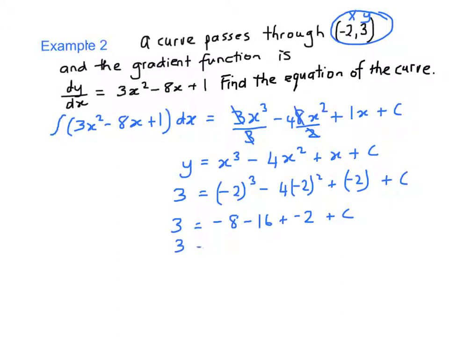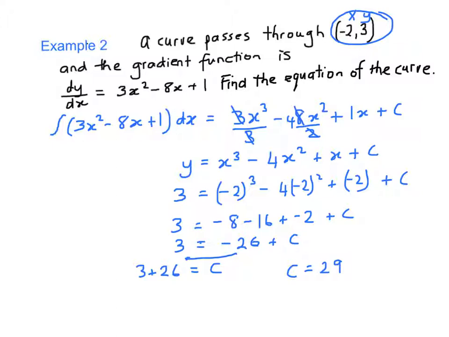So 3 equals -26 plus c. I'm going to transfer this onto the other side so that I have 3 plus 26 equals c. c equals 29. Hope that's right.